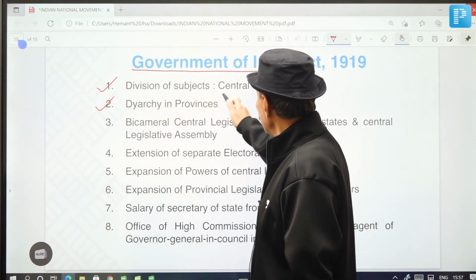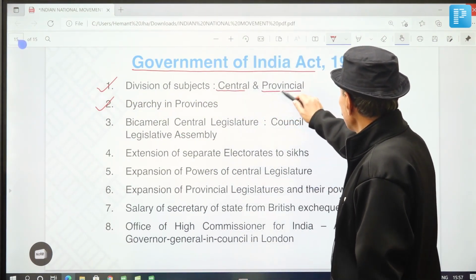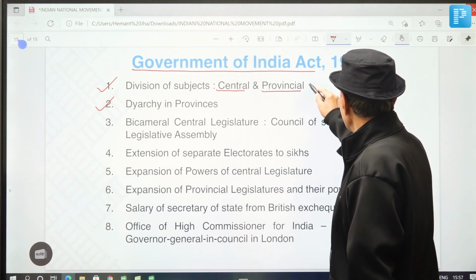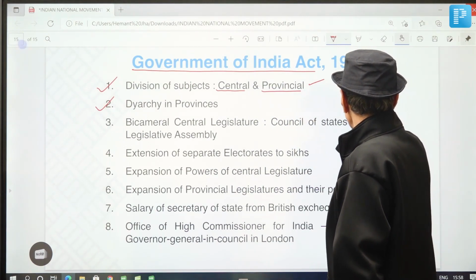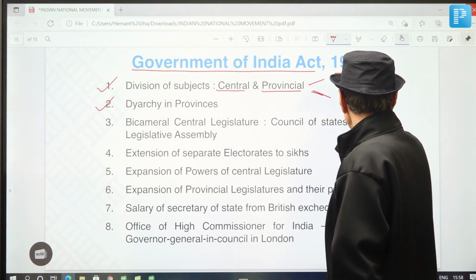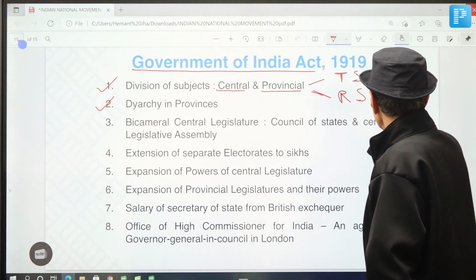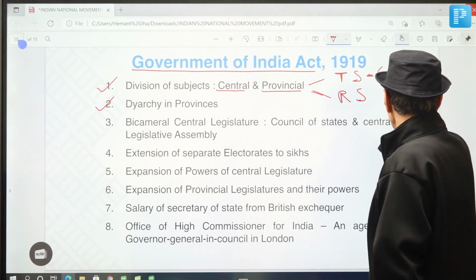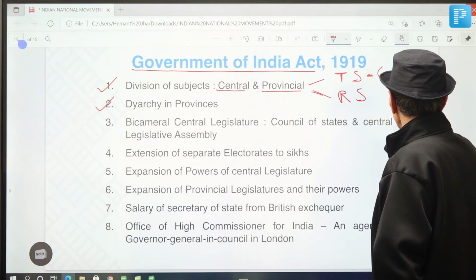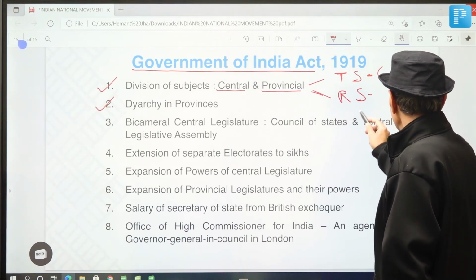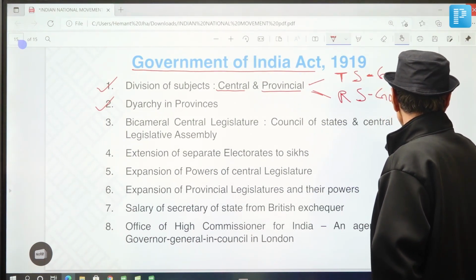So division of subject, central and provincial. And provincial subjects were further divided under transferred subject, TS, and under reserved subject, RS. Transferred subject placed under the governor of the province plus Indian ministers, and reserved subject placed under the jurisdiction of the governor plus his executive council.